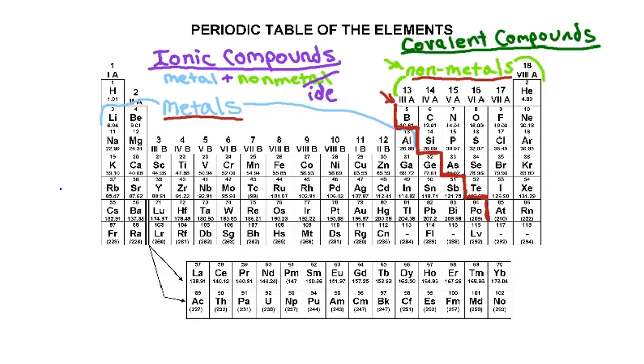So covalent compounds are a nonmetal plus another nonmetal. And just like the ionic compounds, on that second nonmetal, you remove the end of the word and you replace it with the suffix "ide."